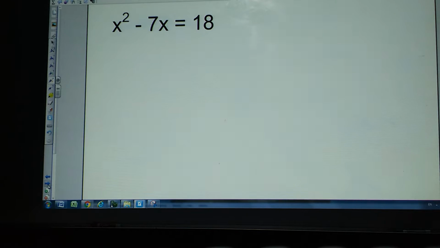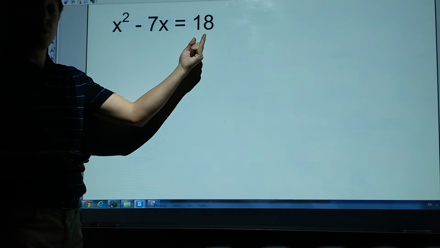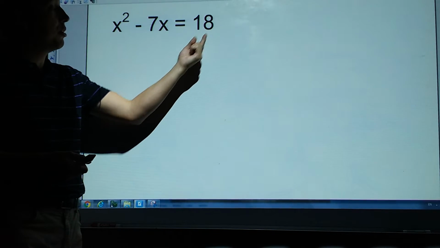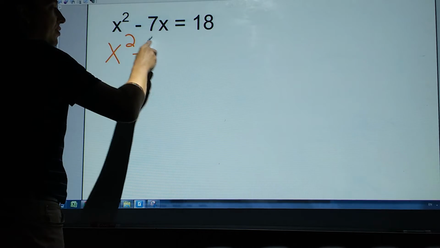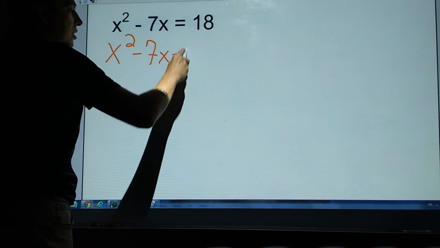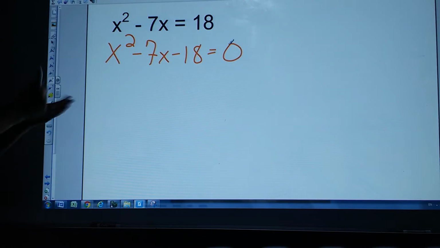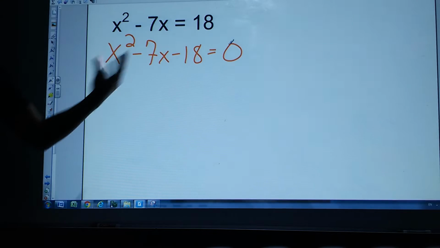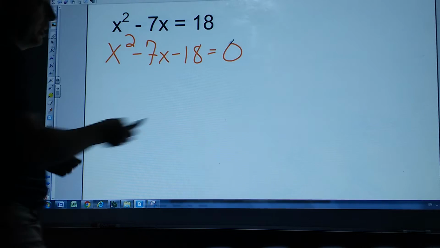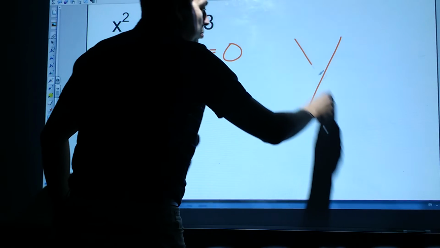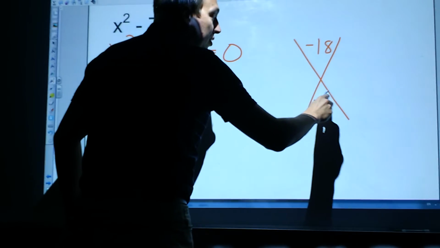Welcome back. Notice I have an x squared. I want this side to be 0. It's not 0, so I'm going to move this over. So that's going to be x squared minus 7x minus 18 equals 0. This is not GCF. I can't take something out of each term. But it's x games again. It is what multiplies to give me negative 18 and combines to give me negative 7.